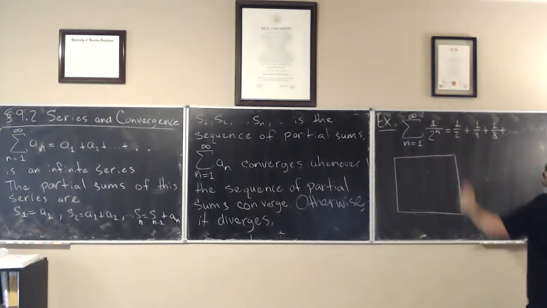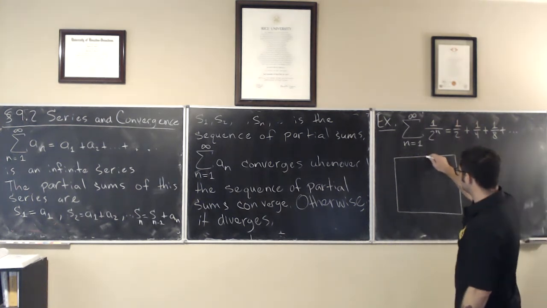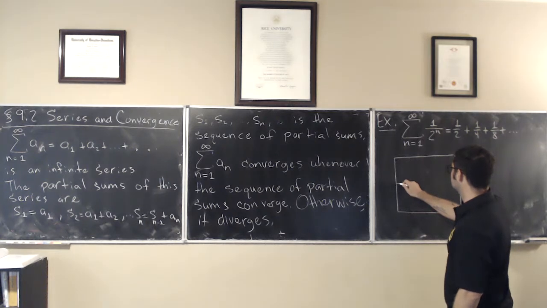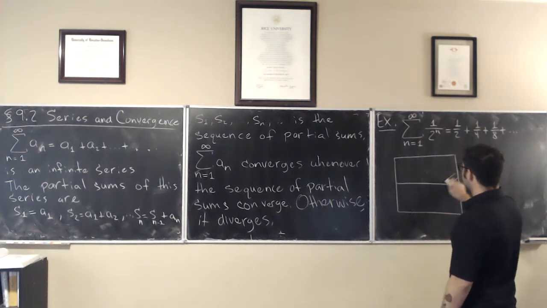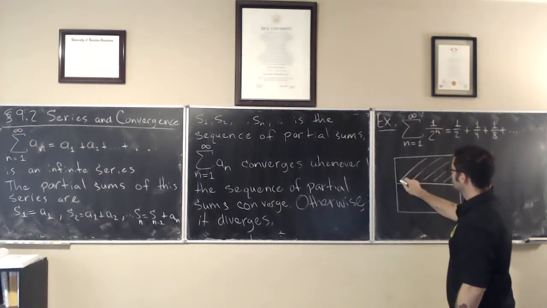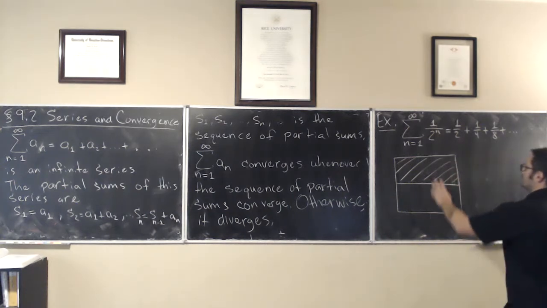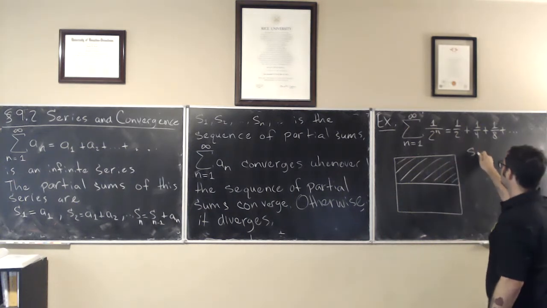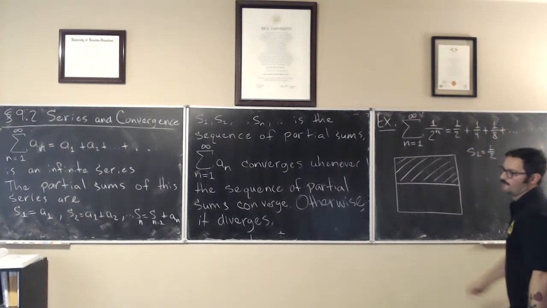We can picture this geometrically as, let's take a 1 by 1 square. A half would be half the area. So S1 is just a half. That's the first partial sum.